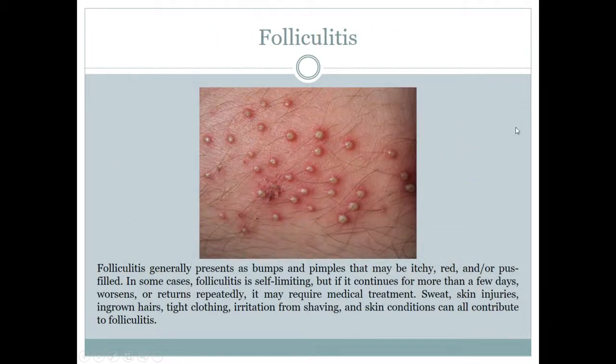Folliculitis, or an infected or inflamed hair follicle. Very common. You see these. They look like little pimples or bumps surrounding a hair follicle, usually self-limiting. A lot of times you'll see this on a guy's face where he shaves, or in the inguinal or groin region, or even on the legs from shaving is where it typically occurs.